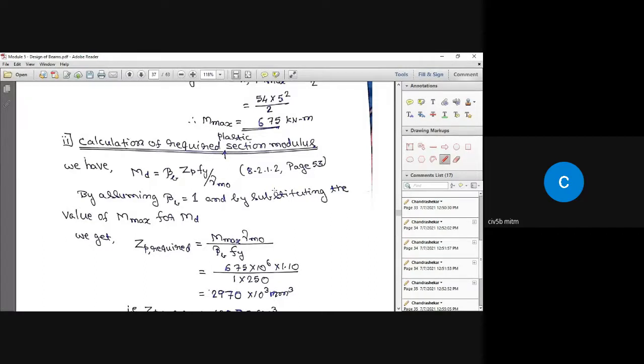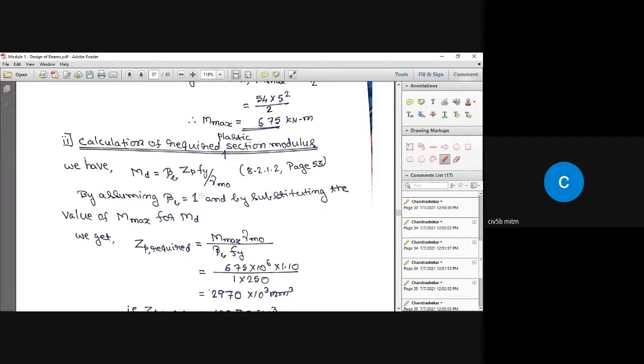In this case, we are going to assume that beta B equal to 1. That means we are going to assume that the section we are going to select is going to be compact or plastic. Then only beta B equal to 1.